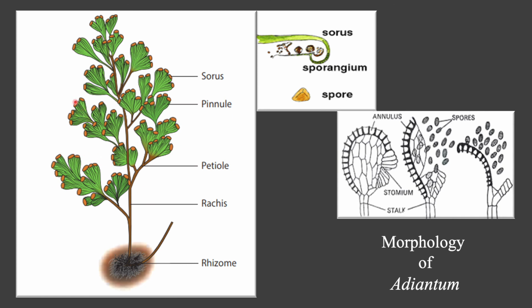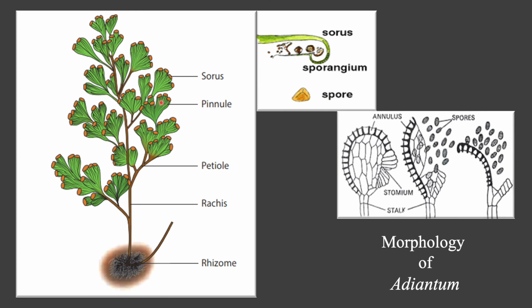This single one is the pinnule. Each leaf consists of a stalk-like portion, the stipe, which is continued into the rachis.